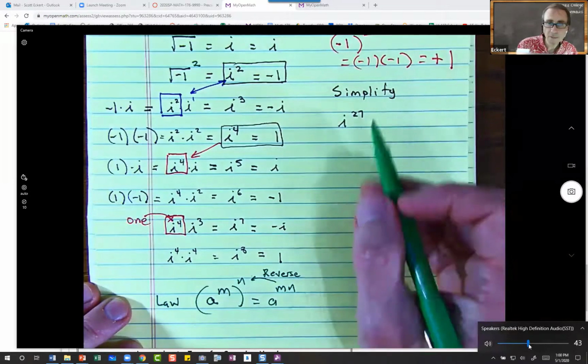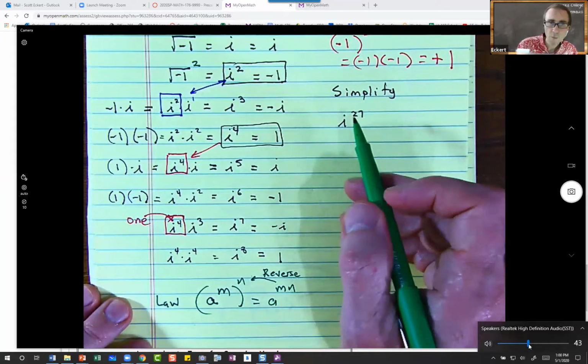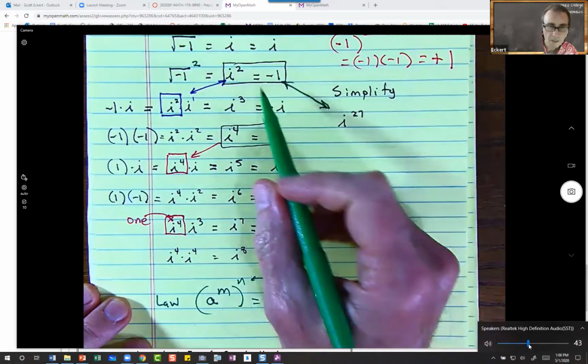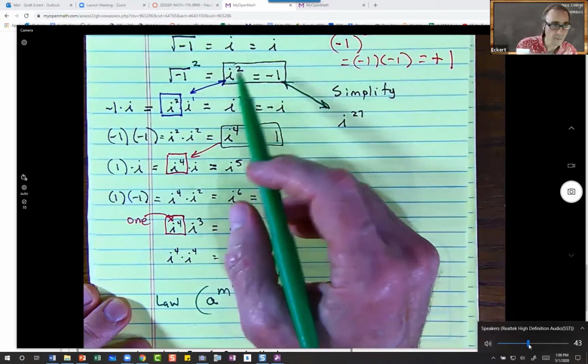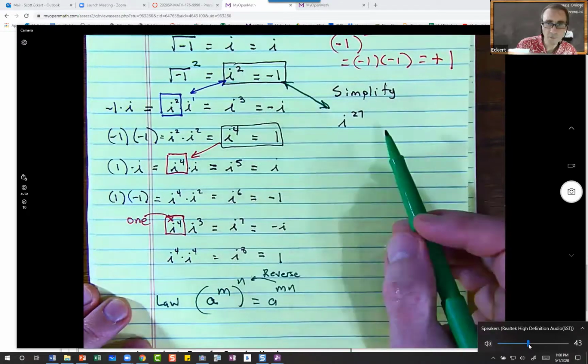Now I'm looking at 27 and thinking, okay, how am I going to break this down? Well, what I'm going to do is break it down into i to the second power. How many second power i's will go into 27?